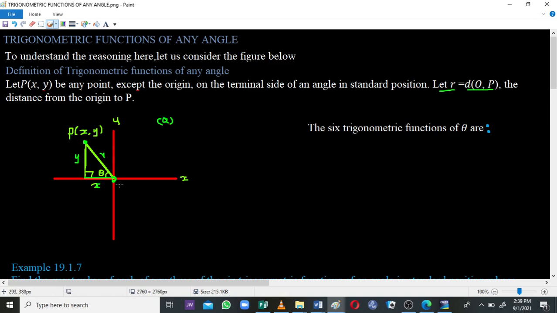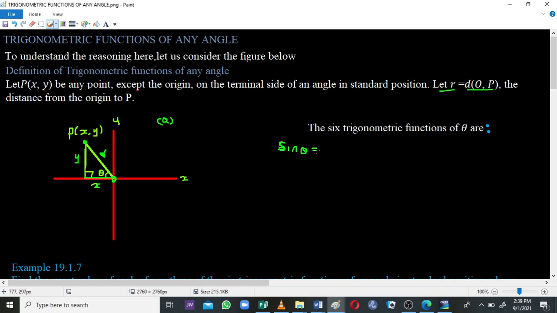Now the distance between the origin and the point P is equal to r. This is r here. We have the theta there, and so we can now use the movements in the x-axis and the y-axis, or rather the distance, to define the 6 trigonometric functions. Let's start with sine theta.